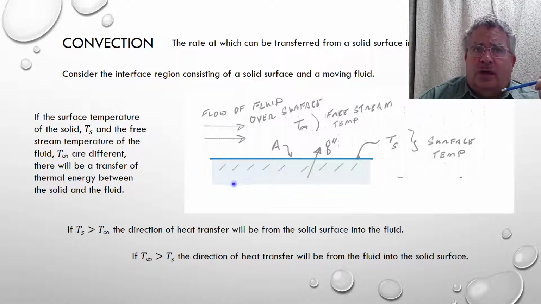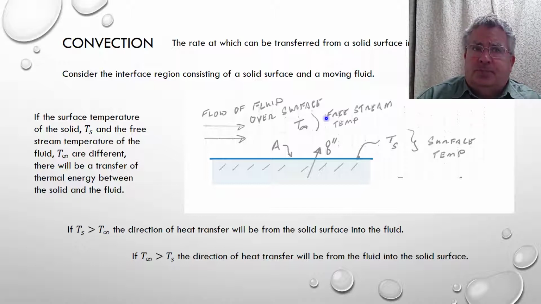We have a solid surface here at some temperature, and then we have a gas flowing over it. We'll typically look at gas flowing parallel to the surface. So this is, going back to your fluid mechanics, your classic flat plate. We have a flat plate, we have fluid flowing over it, and the fluid moving over it will be at a constant temperature, T infinity.